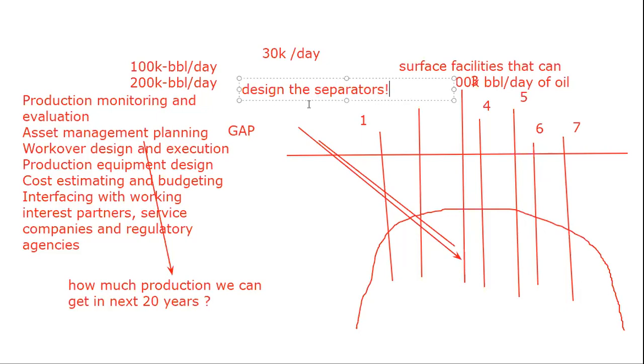Then another part which is written here is cost estimating and budgeting. You have to do the budgeting. For example, how many wells you are going to drill or produce, how much will be the cost. Who will do that? The head of the production engineering department. He will estimate all the cost. He will have millions of dollars of budget in his account, freely he can use.